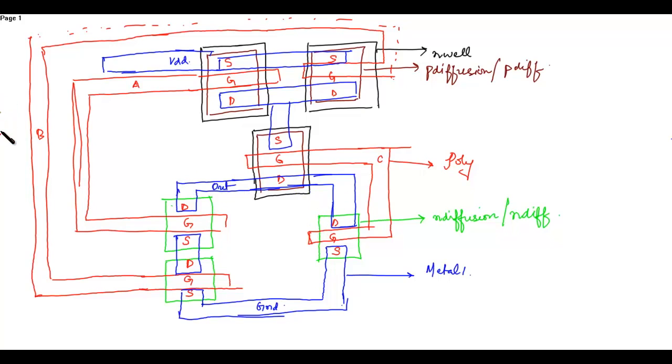Now place the contacts. First the diffusion contact, that is connecting the metal with the p diffusion layer. So this is one p diffusion contact, then the second, third, there were 6 p diffusion contacts.